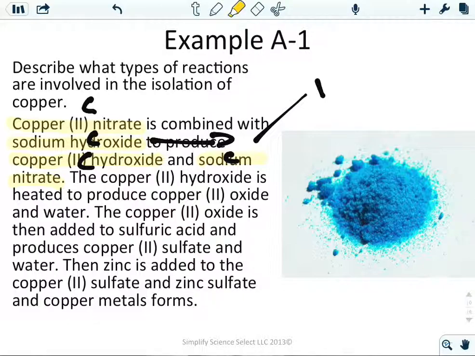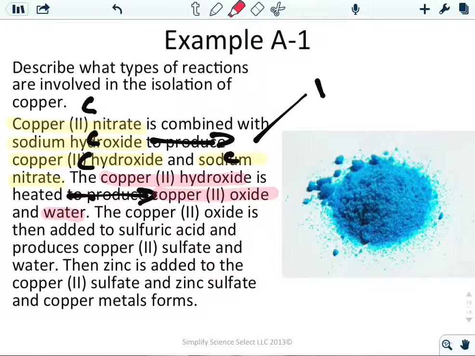Okay, and it says the copper 2 hydroxide is heated. Let's use a different color for the next reaction. So our copper 2 hydroxide is heated to produce, there's our arrow, copper 2 oxide and water.